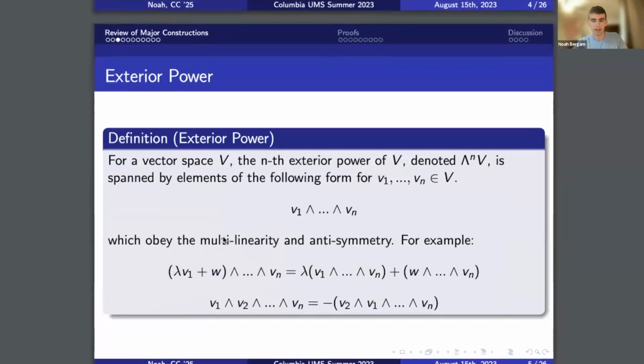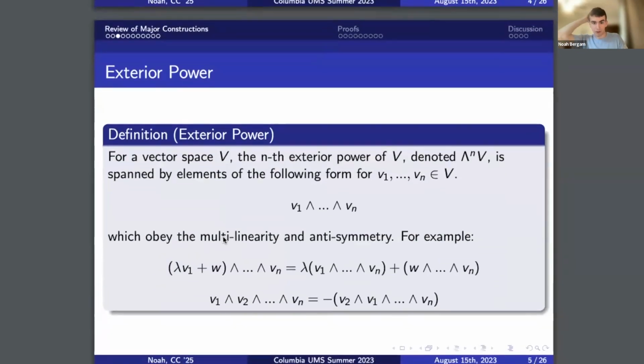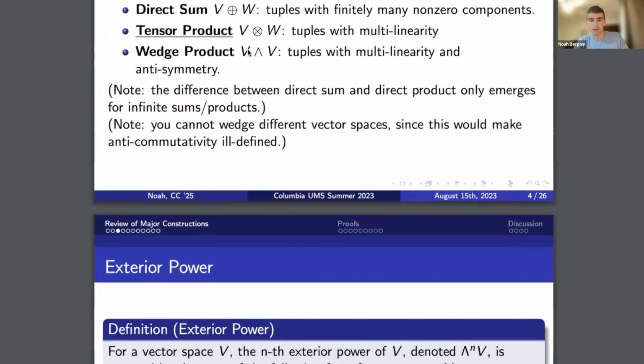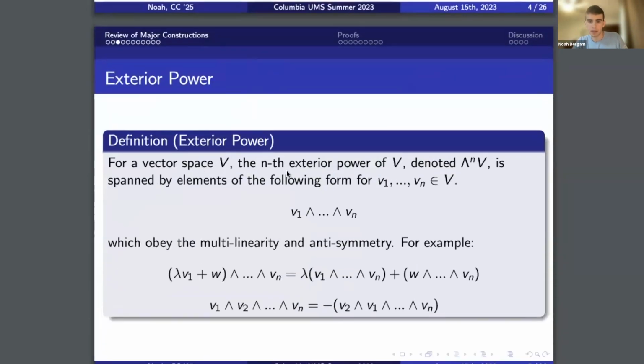So, okay, now let's think about the exterior power. Maybe you don't just want to wedge V with itself once, but multiple times. Then the exterior power consists of collections that look like this, and they obey multilinearity and anti-symmetry. So same multilinearity property, but if I apply a transposition to any two elements in this kind of ordered exterior product, then it negates it, right?